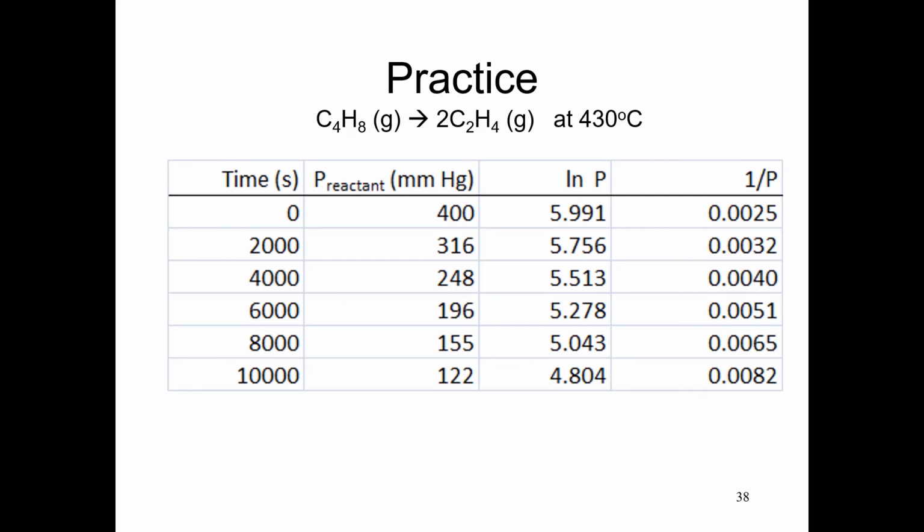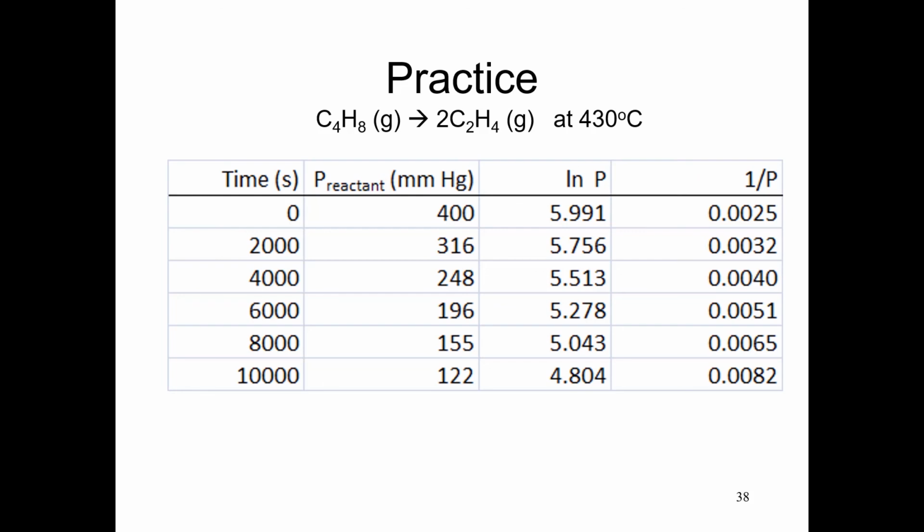Now I'm going to go to my Excel program and draw graphs of each set of data: pressure versus time, natural log of pressure versus time, 1 over pressure versus time. And we're going to test each one of those.